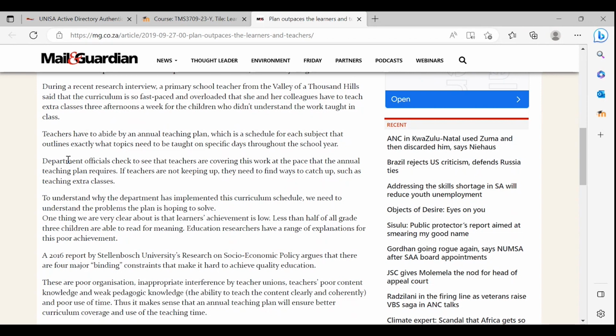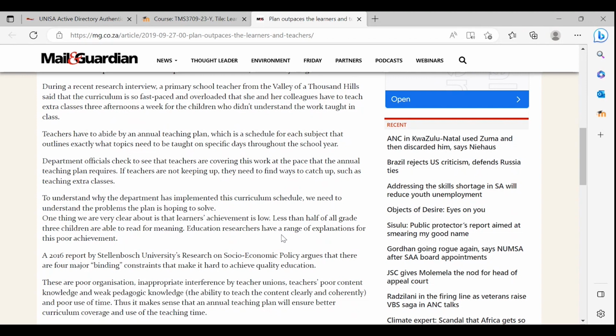If teachers are not keeping up, they need to find ways to catch up, such as teaching extra classes. To understand why the department has implemented this curriculum schedule, we need to understand the problems the plan is hoping to solve. One thing we are very clear about is that learners' achievement is low.